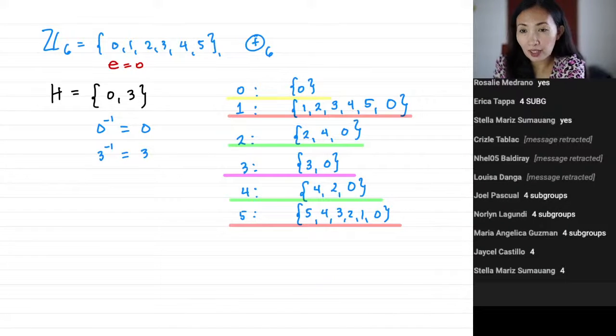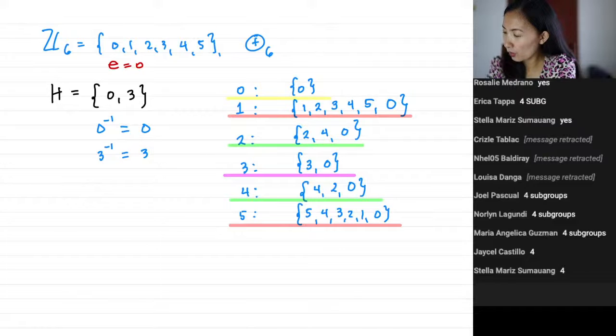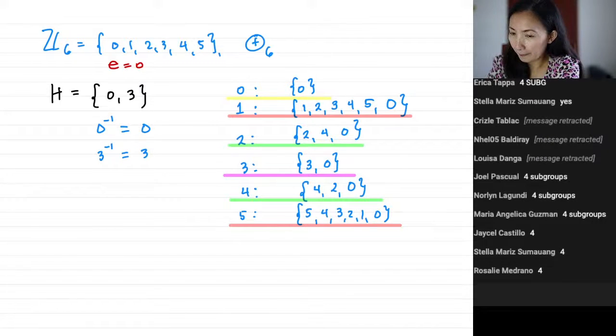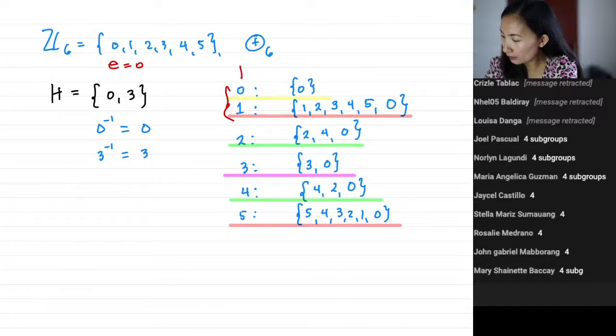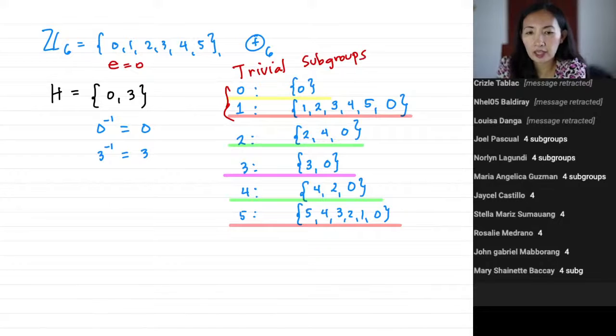Let me use the red. These are the trivial subgroups. What do we mean by trivial subgroups?